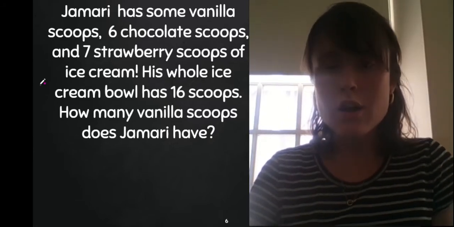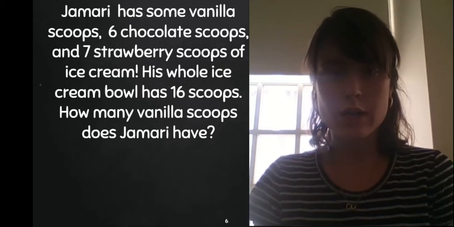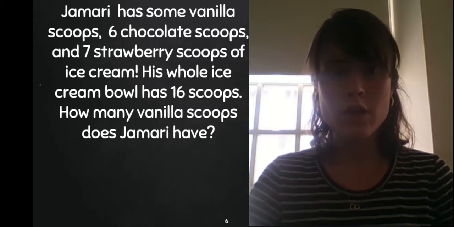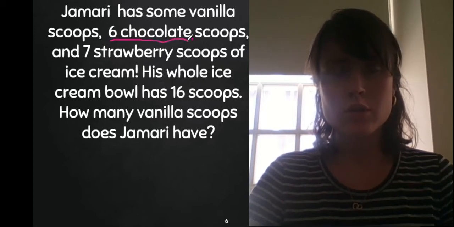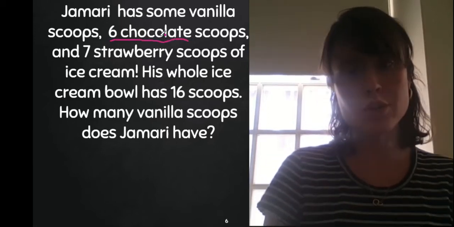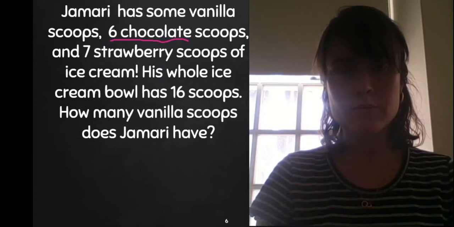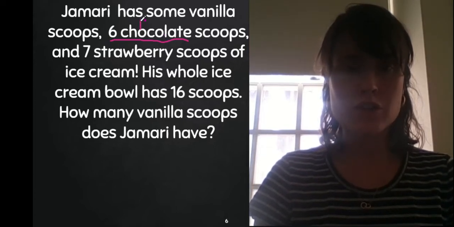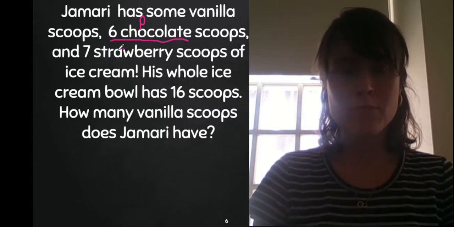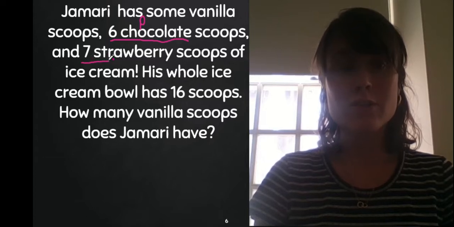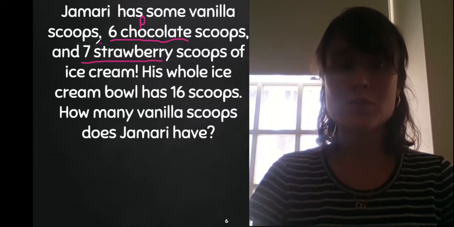Okay, so what do we already know in this story? Good. We know that he has 6 chocolate scoops. Is that a part or is that the total number of scoops? Good work, team. That's just a part. So label P for part. Okay, what else do we know? Good. We know that he has 7 strawberry scoops.